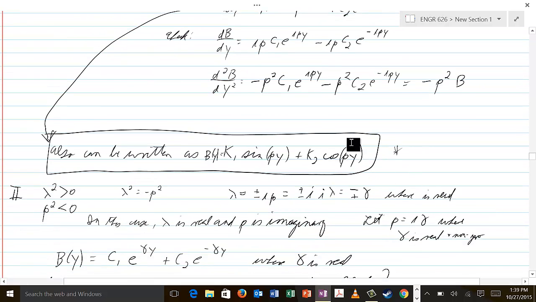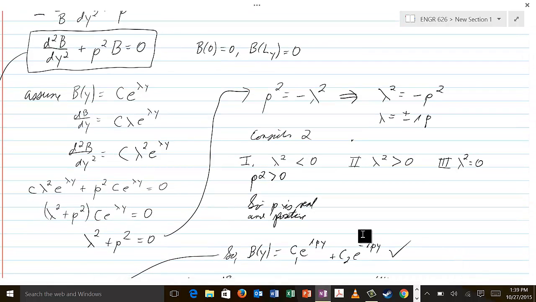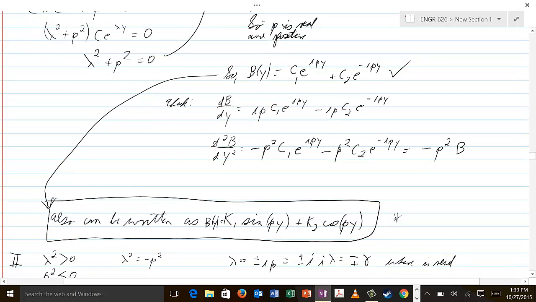In that case, instead of writing the solution as C1 e to the i p y plus C2 e to the minus i p y, which is right here, when p is real and positive we generally write the solution in this form: K1 sine of p y plus K2 cosine of p y.